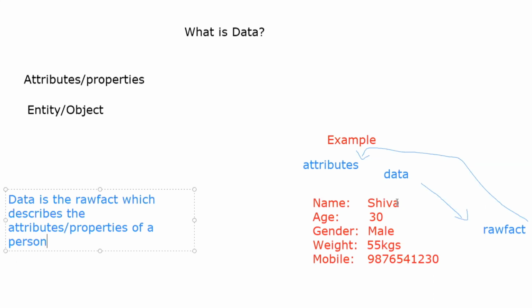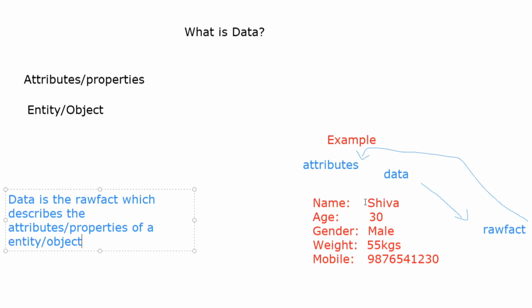In this example, we are discussing about a person whose name is Shiva. But in another example, I am taking the entity as furniture, let's take chair. There I am discussing about chair, right? So what I have to change in this definition is: data is the raw fact which describes attributes or properties of a chair. So every time instead of changing this, I can replace it with entity or object, right?